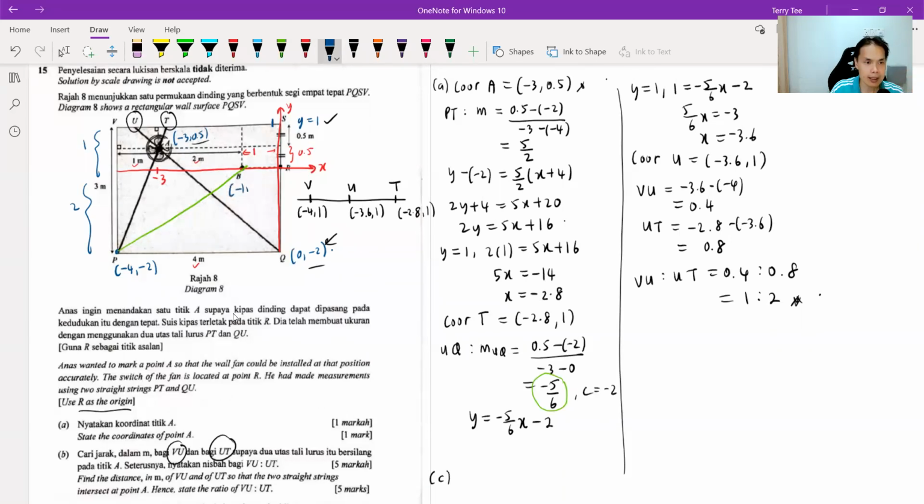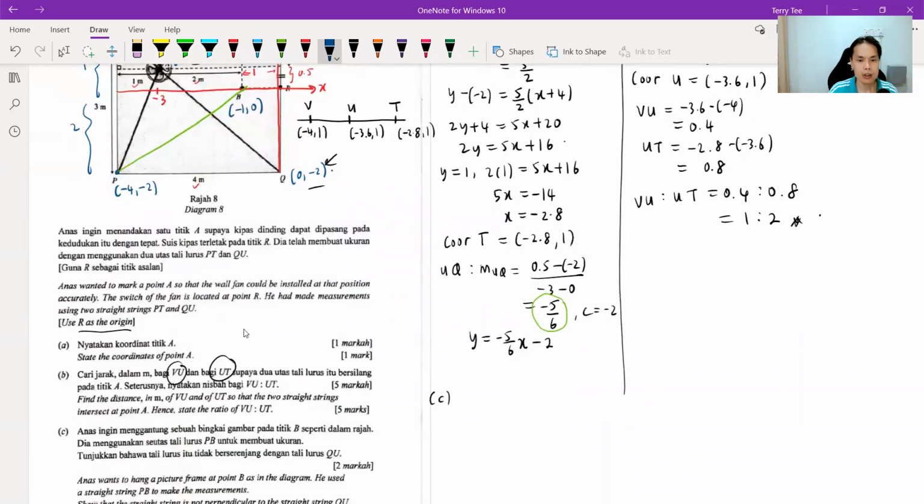So it's negative 1, 0. P we already have. Let me find out the gradient. Gradient PB is y2 minus y1 over x2 minus x1. So this is 2 over 3. Gradient PB is 2 over 3.